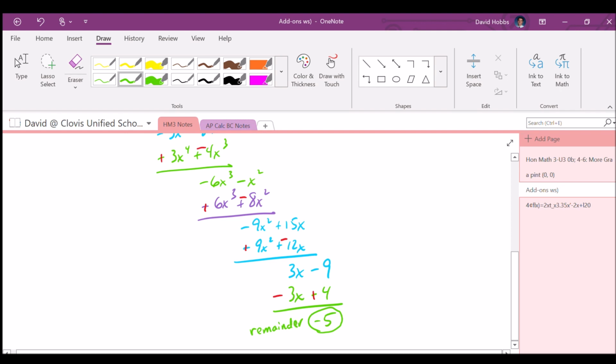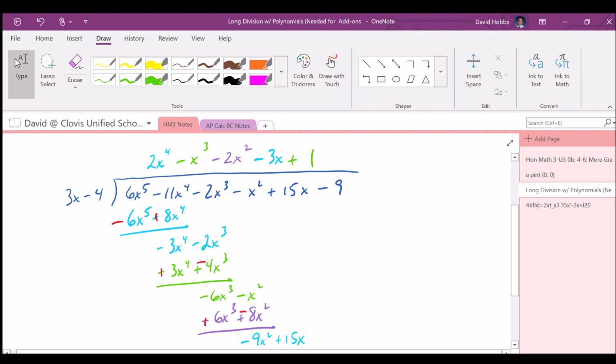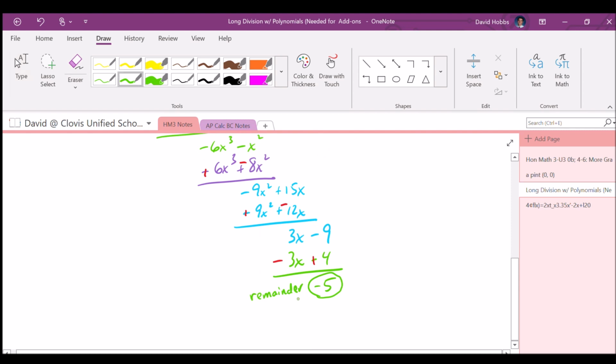Okay, now when there is a remainder, as opposed to getting 0 at the last step, having a remainder of 0, which means that there's technically no remainder. So when there is a remainder, it means that what you were dividing by is not a factor.